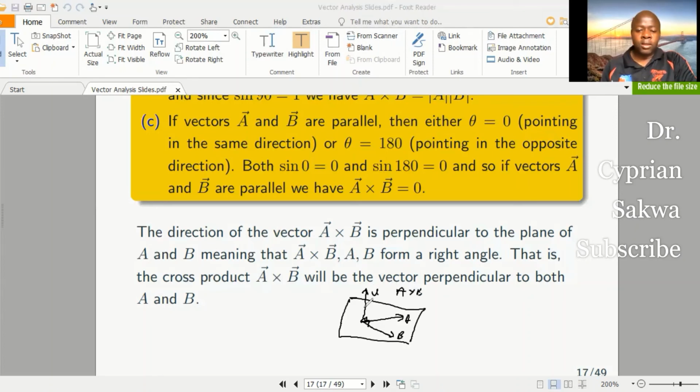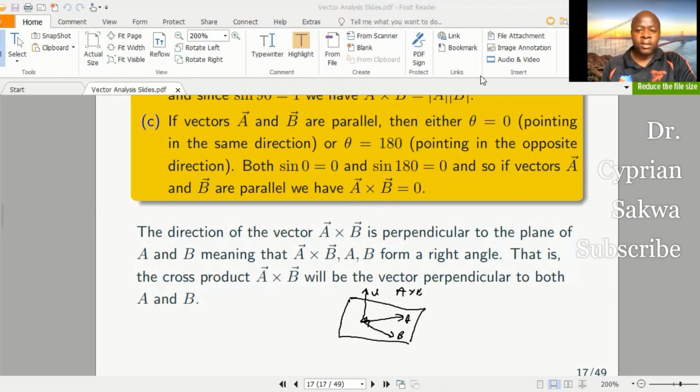So you notice that A cross B will be perpendicular to the plane, and is also perpendicular to both of these two vectors. And that's what I've said, that the cross product will be a vector perpendicular to both A and B. That's very important.